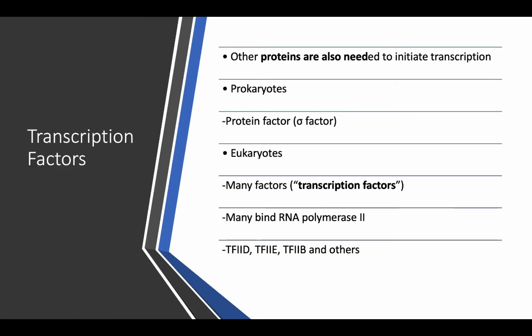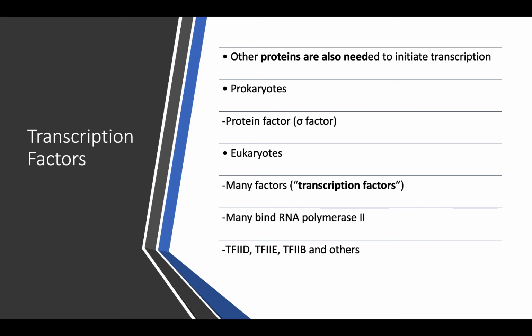Let's talk about transcription factors. We mentioned that transcription factors are needed to initiate transcription. In prokaryotes there is one type of transcription factor, called the sigma factor. It is the only one, and it binds the RNA polymerase and helps it start transcription. In eukaryotes we have multiple transcription factors.